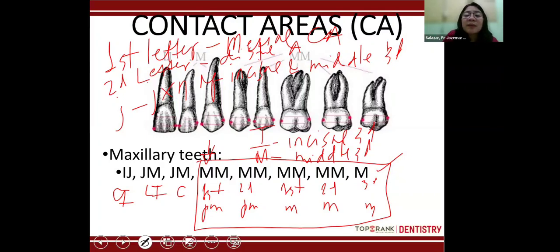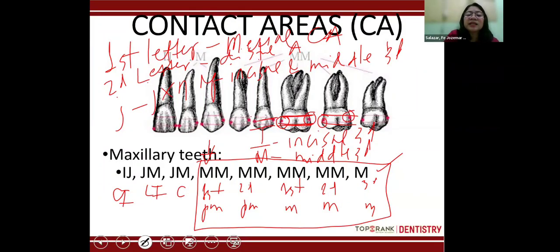Kasi malawak naman yung middle third natin. Yan lahat yon. Okay? So, kagaya nito, middle third, but the mesial is more occlusal than the distal contact area. Tama? O, ito ulit. Middle third, pero the mesial is always more occlusal than the distal. Tama, they are not at the same level.